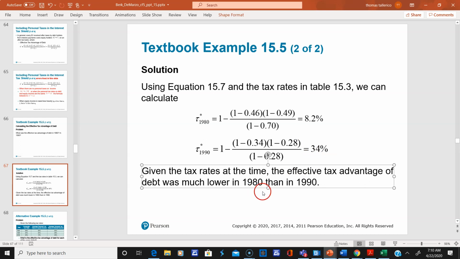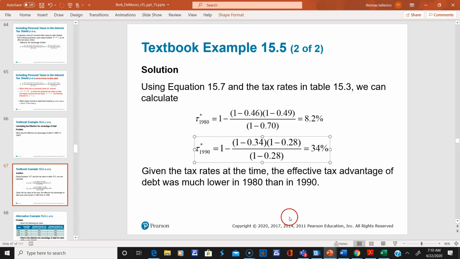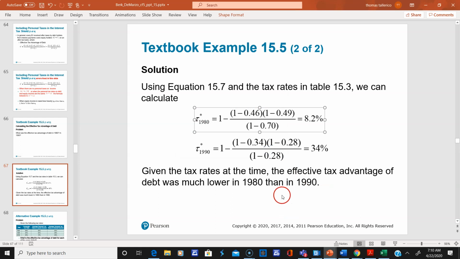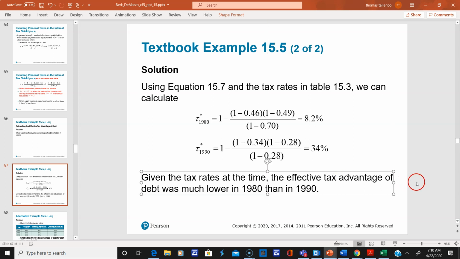So the tax advantage of debt was much lower in 1980 than it was in 1990. So look at 1990, the tax advantage of having debt, which is why a lot of companies like debt. Anyway, so that's that.